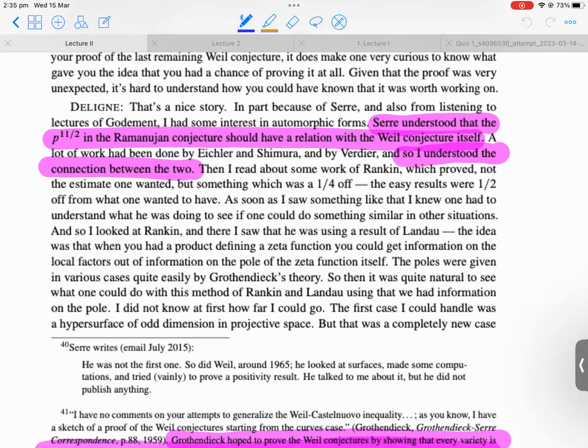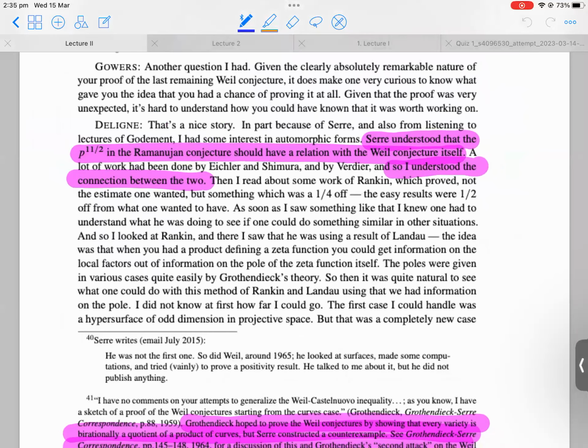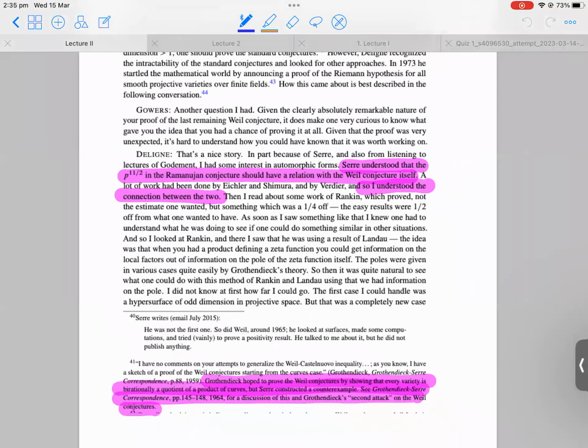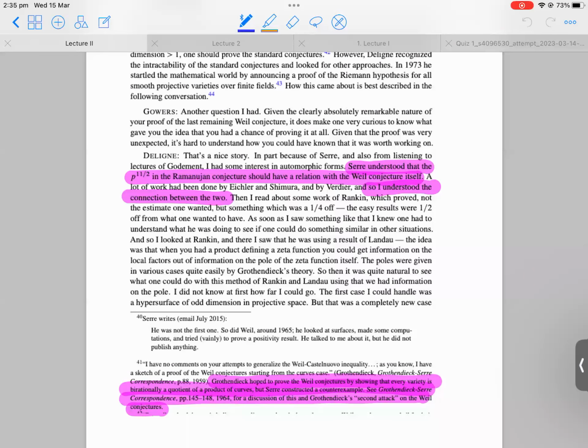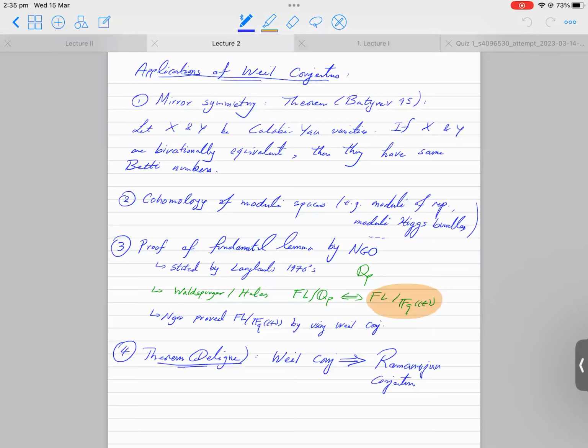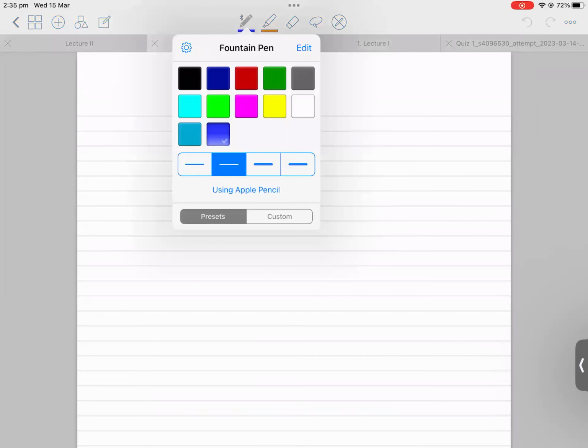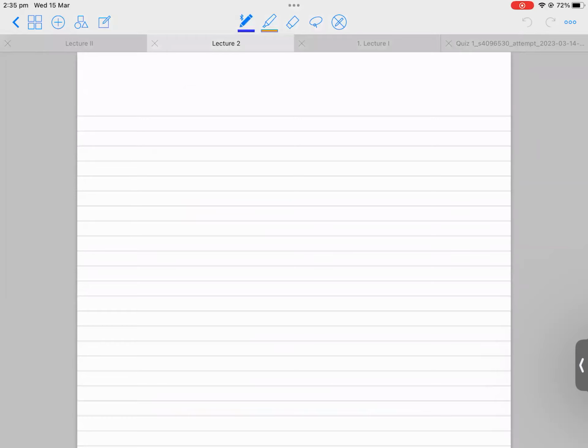But what I want to focus on right now, just for a moment, is what is this Ramanujan conjecture, and what is this p to the 11 over 2? Let me write about the Ramanujan conjecture. To talk about that, we need to define Ramanujan's tau function.